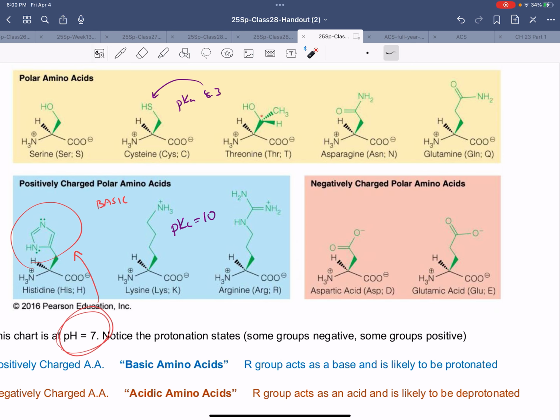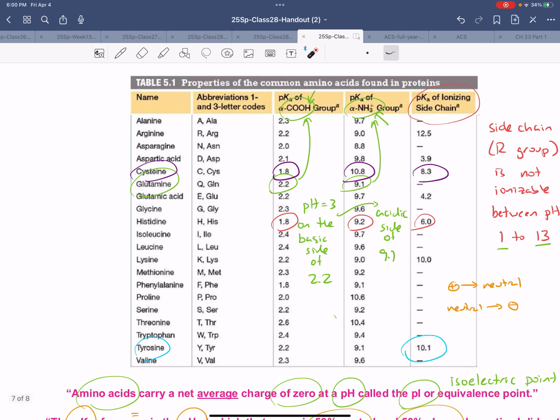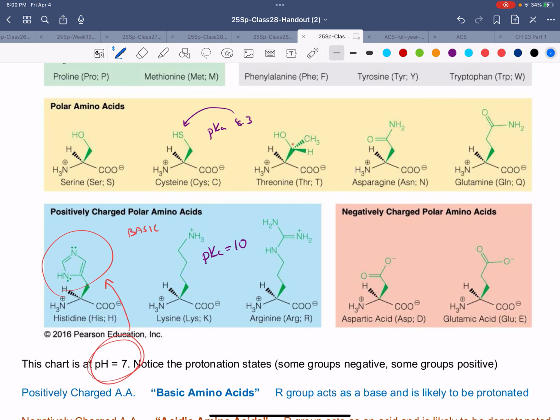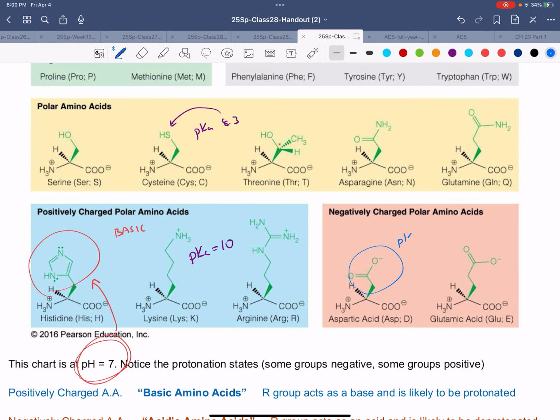Okay. The aspartic acid is right here. And we have a 3.9. Okay. What does that mean in relationship to this? Whoa. pKa equals 3.9.